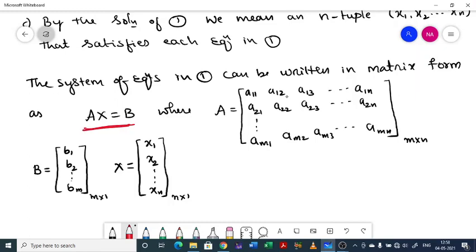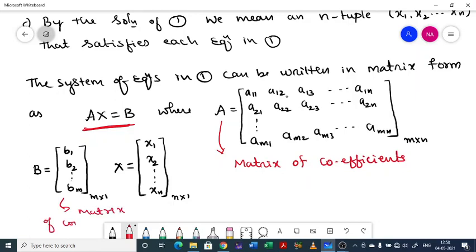And this matrix A, whose entries are constants, we don't call this matrix of constants, but we call this matrix of coefficients, because these constants appear with the variables.